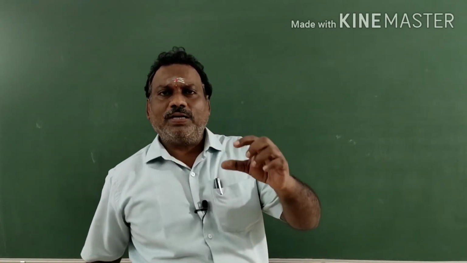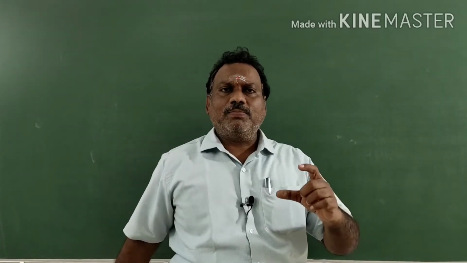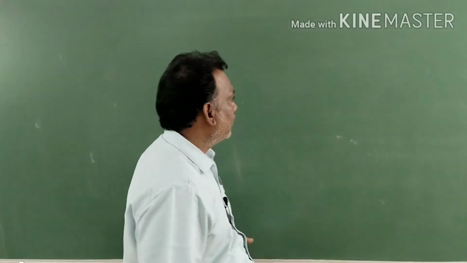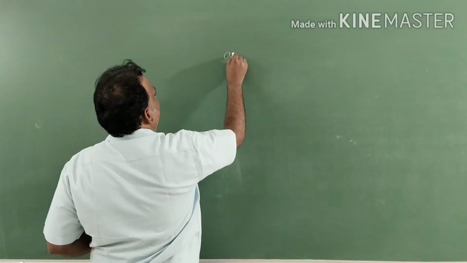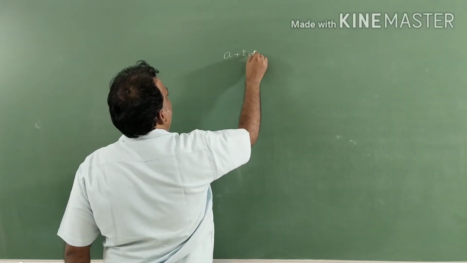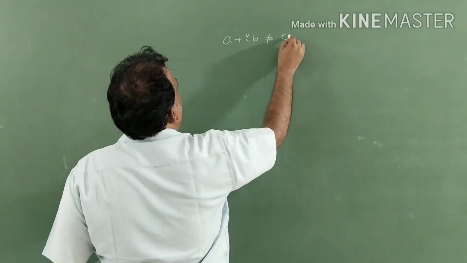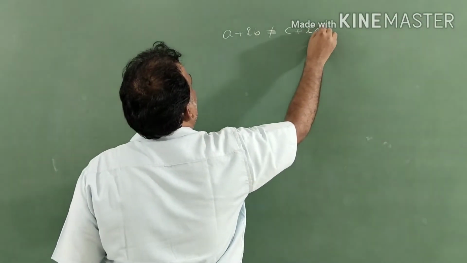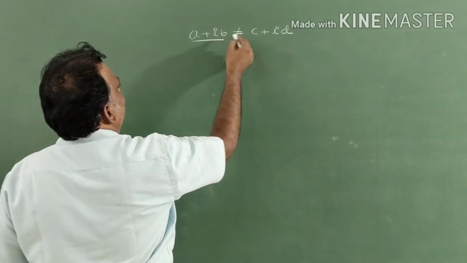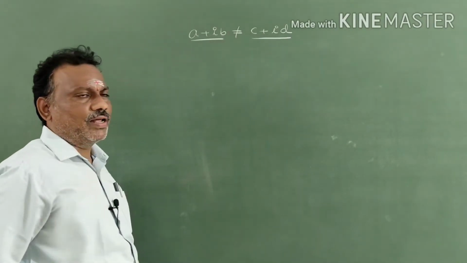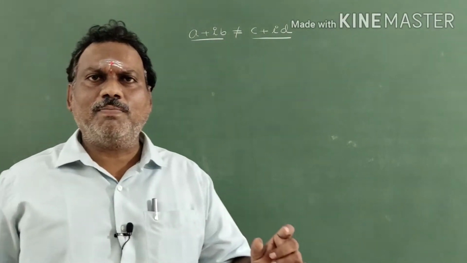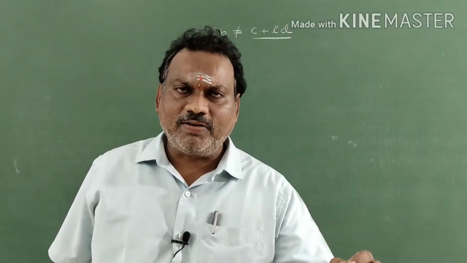Generally two complex numbers are not equal. For example, a plus ib is never equal to c plus id. This is one complex number, this is another complex number. Generally, two complex numbers are not equal.